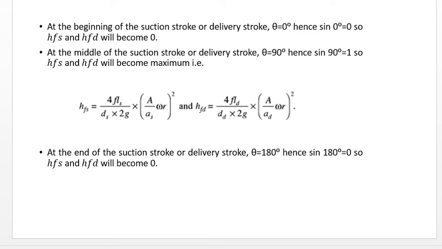So from all these three points, it is very clear that at θ equal to 0, there is no effect of friction head on the indicator diagram. At the middle of the stroke, when θ is equal to 90, the frictional head value is maximum. And at the end of the suction stroke or delivery stroke, again the friction head will not show any effect on the indicator diagram.